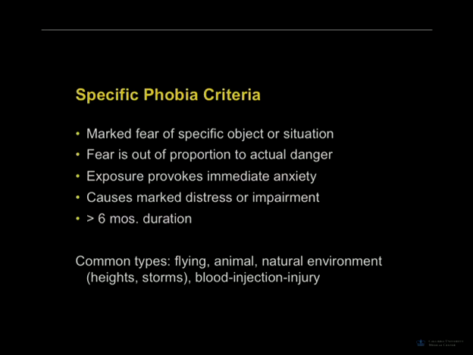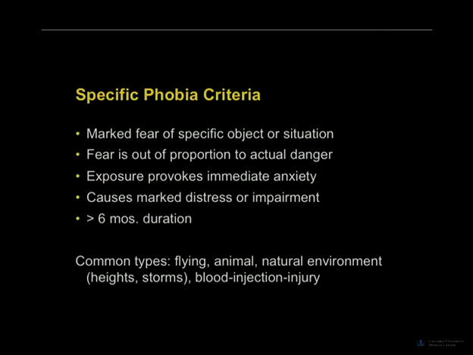And then something you'll see in our profession, blood injury fears: people who are afraid of the sight of blood, people who are afraid of getting their blood drawn, who avoid doctors because of fears of injections and things like that.